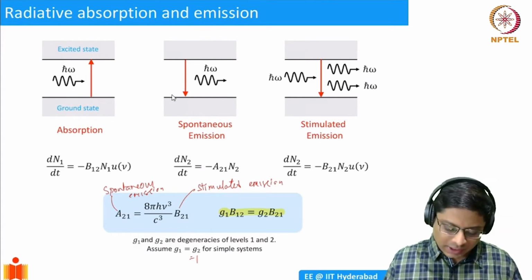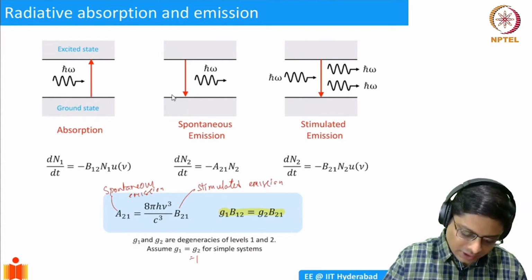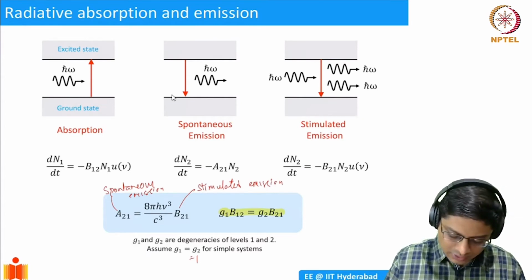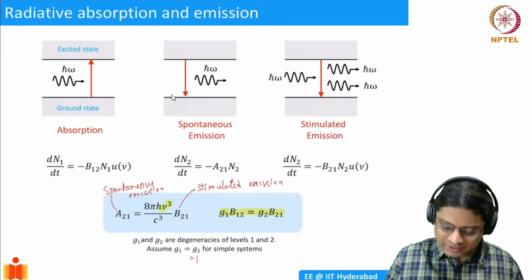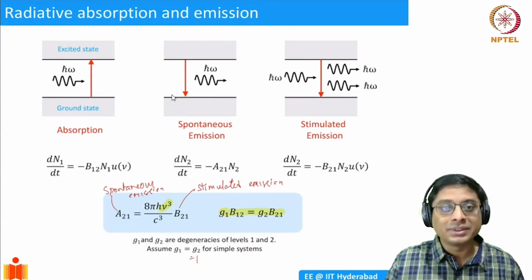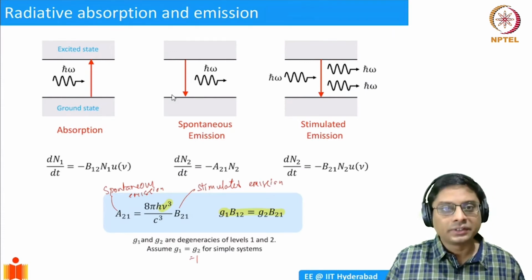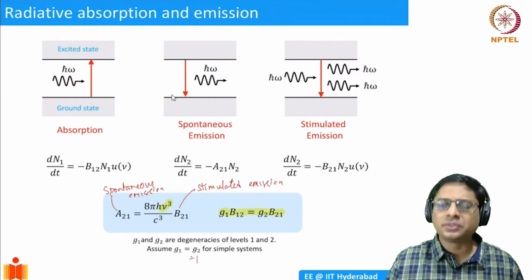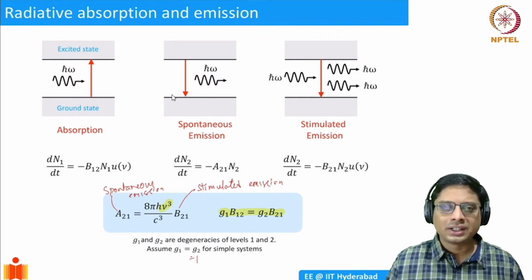And I just wanted to point out one more small thing. If you look at the expressions for A21 and B21, there is a term of frequency here. Everything else is a fundamental constant, but the spontaneous emission seems to increase as a function of frequency cubed. This is very important because you might have seen red lasers, green lasers, but it is not very easy to build a blue laser.